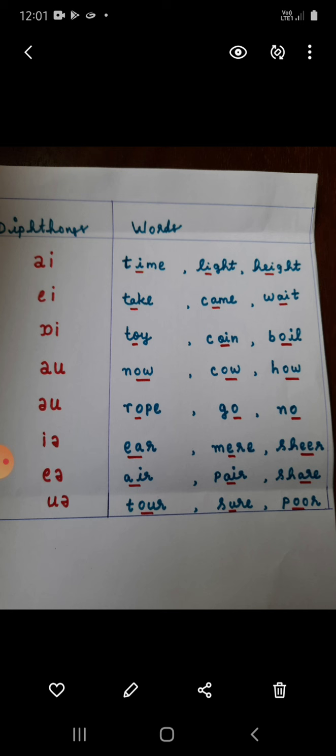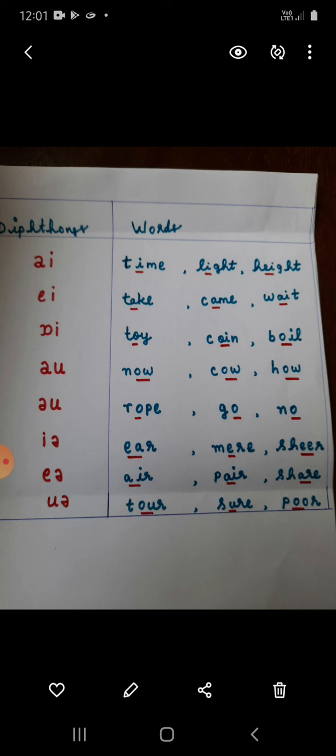The next sound we have already studied yesterday, that came under vowel sounds also. If you go back to yesterday's class, you can see that the pronunciation of the sound is o, a plus o. For example, yesterday we studied go, g plus o, go.